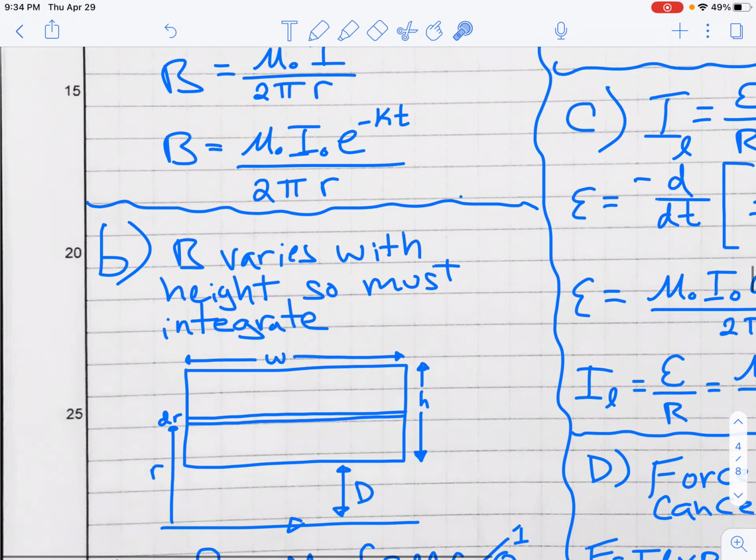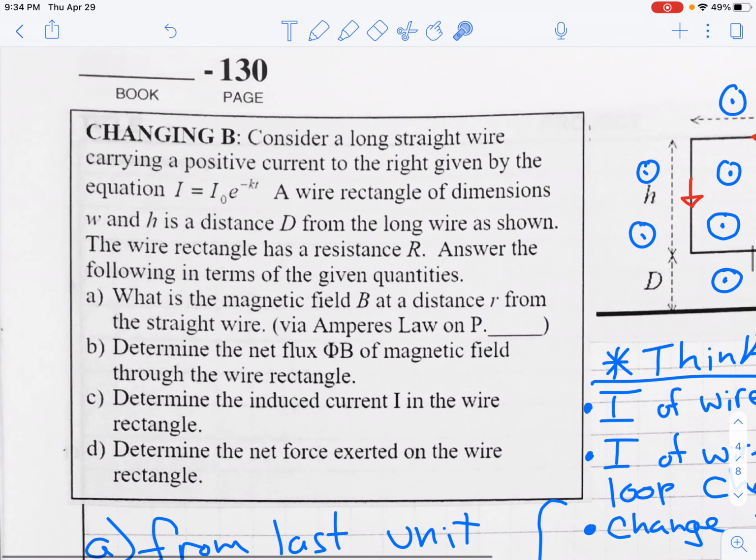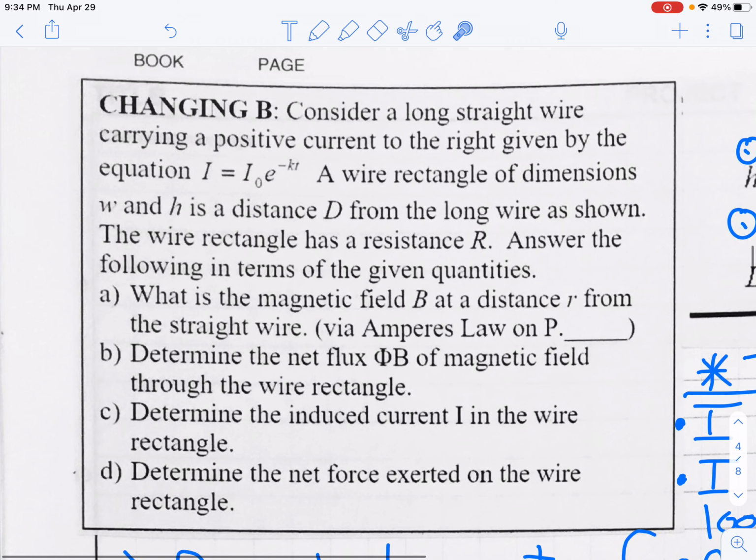So the next thing we do is use that flux to determine the current. Now, flux is not directly related to current, but the changing flux will create an electric field, which around the loop becomes a voltage difference, and the electrons in the loop respond to the electric field, right? They're free to move.